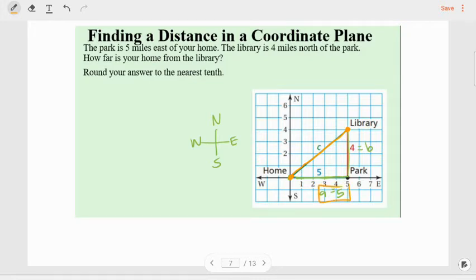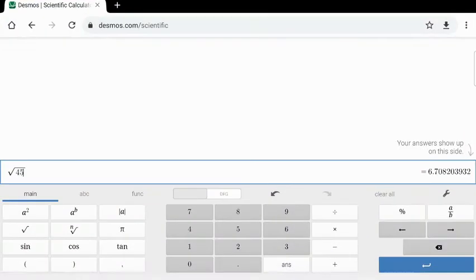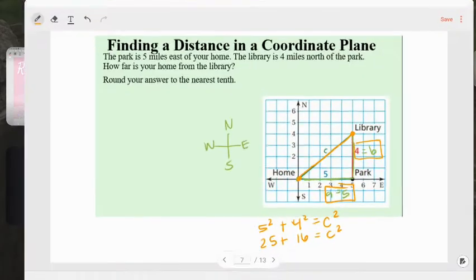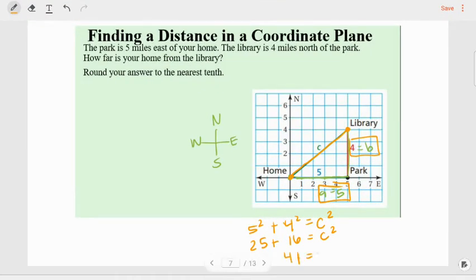So I'm going to take my A and my B and use my Pythagorean theorem. So 5 squared plus 4 squared equals C squared. Let's simplify. 5 times 5 is 25. 4 times 4 is 16 equals C squared. 25 plus 16, just to be safe, is a grand total of 41. 41 equals C squared.